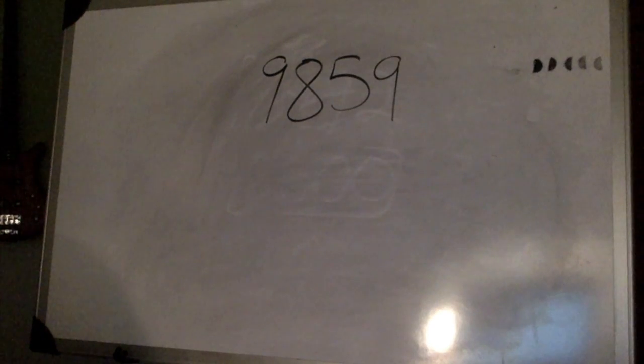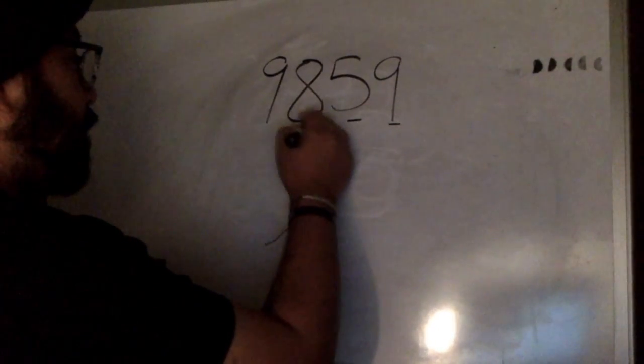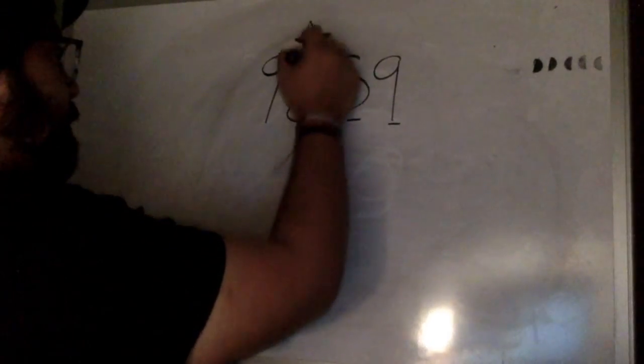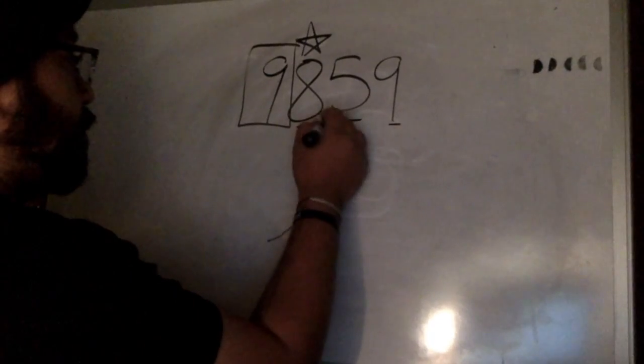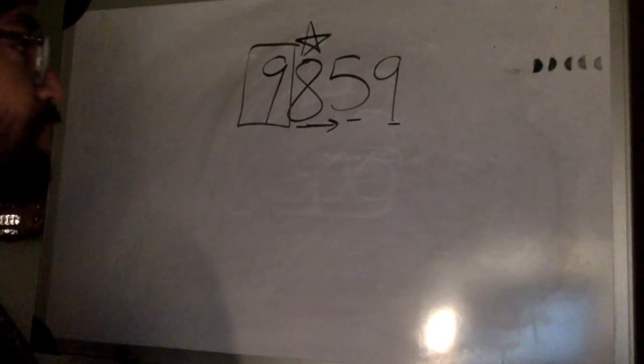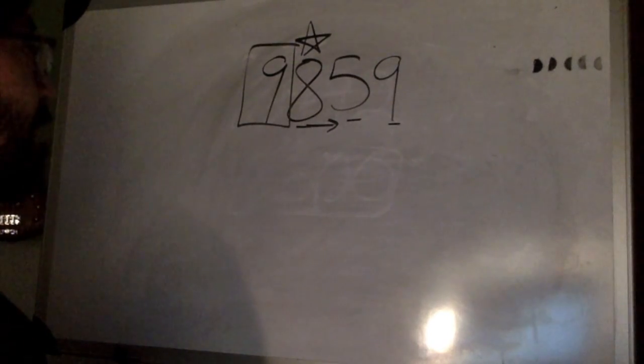Okay, welcome back. Let's try this. 9,859 to the nearest 100. Ones, tens, hundreds. We found Cinderella, give her a crown. Royal family, cannot touch them. Look next door. Is her sister 4 and below or 5 and above? She is 5 and above.